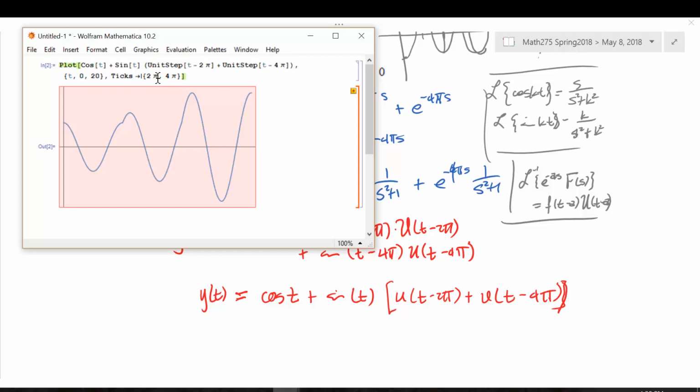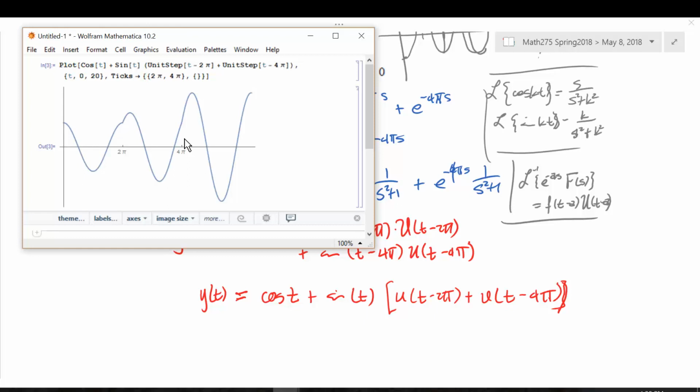Ticks. So there's some weird things that happen in the graph. The amplitudes seem to have grown a little bit. It should grow, but I don't know.